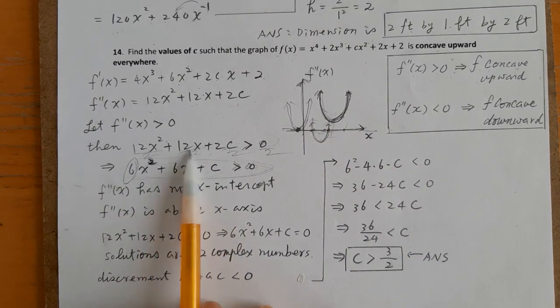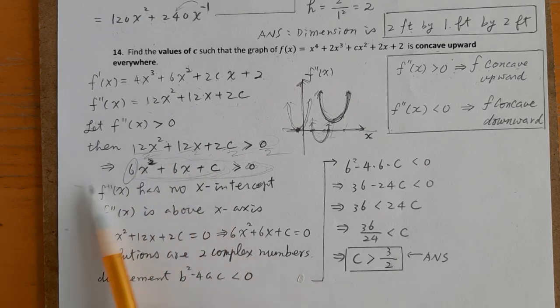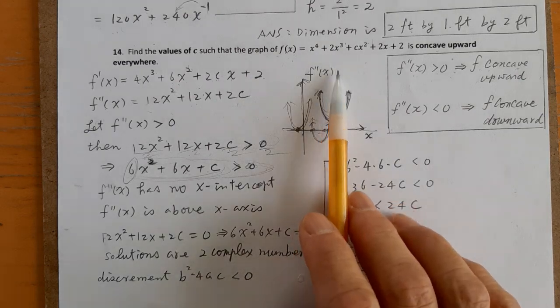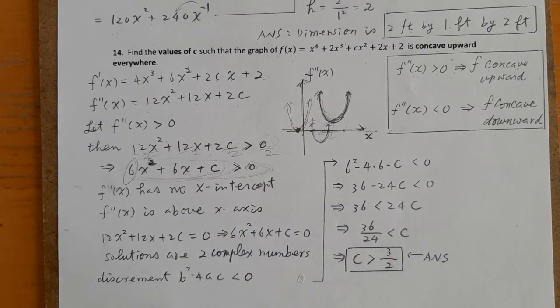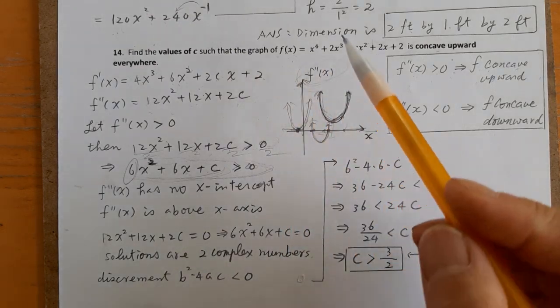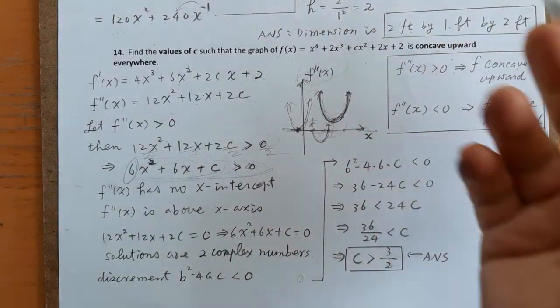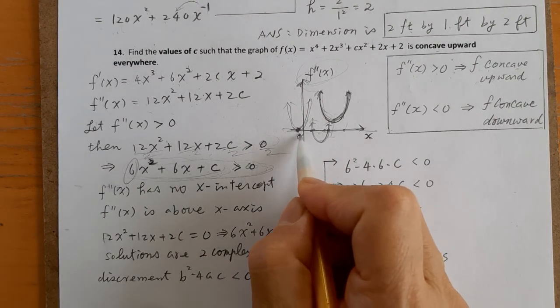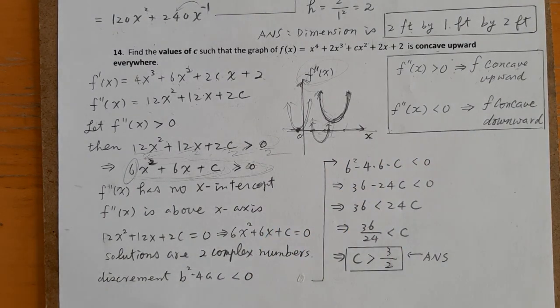So if this function has two complex solutions, the graph is above the x-axis. The function value, f double prime, the y value, is positive, above the x-axis, above 0. So this function's solutions need to be two complex, imaginary solutions.